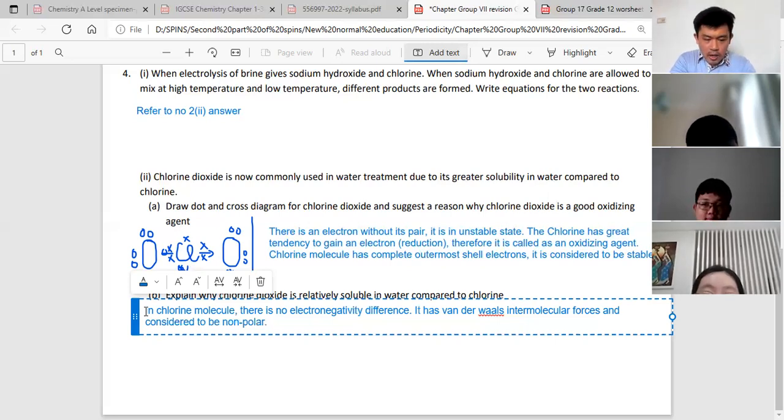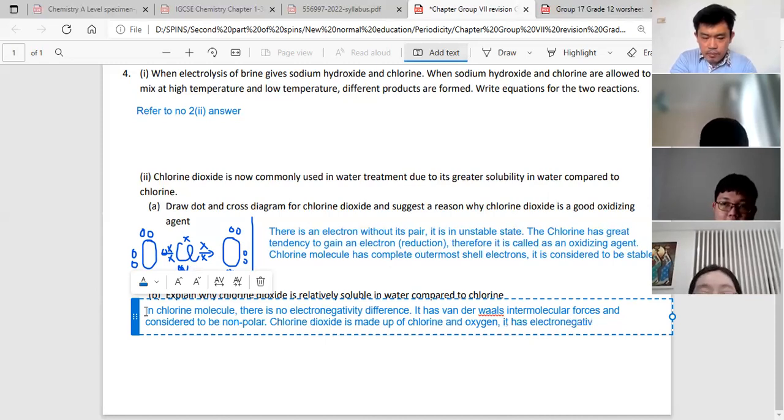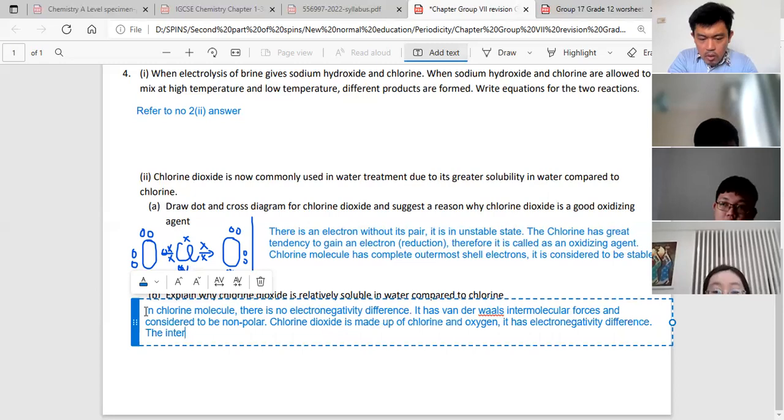Okay. Chlorine dioxide is made up of chlorine and oxygen. It has an electronegativity difference. The intermolecular forces are permanent dipole, and it is considered to be polar.